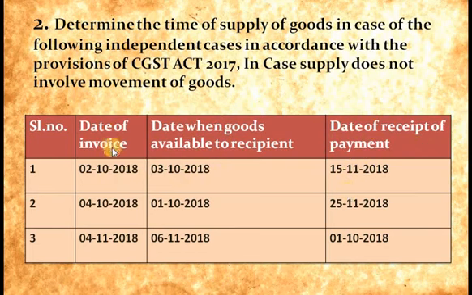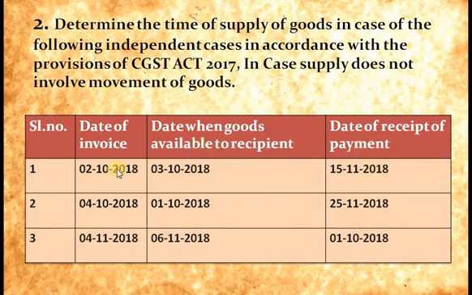So here, if you see, first the invoice has been prepared, and then the goods are available. So the invoice is given before the payment. Hence the time of supply is the date of invoice, that is 2nd October 2018. And next, in the second case, date of invoice is 4th October, goods available is 1st October, date of receipt of payment is 25th November.